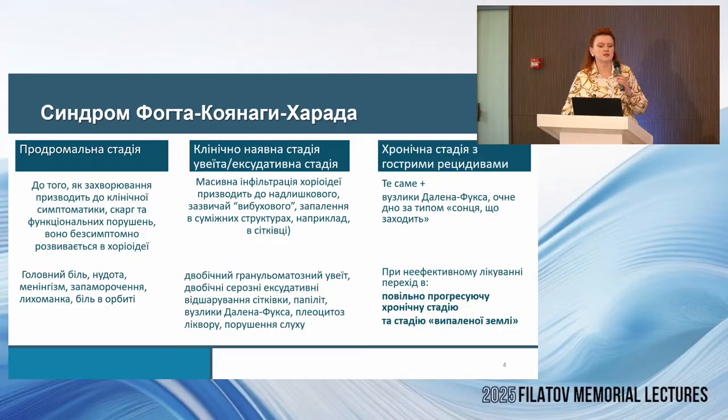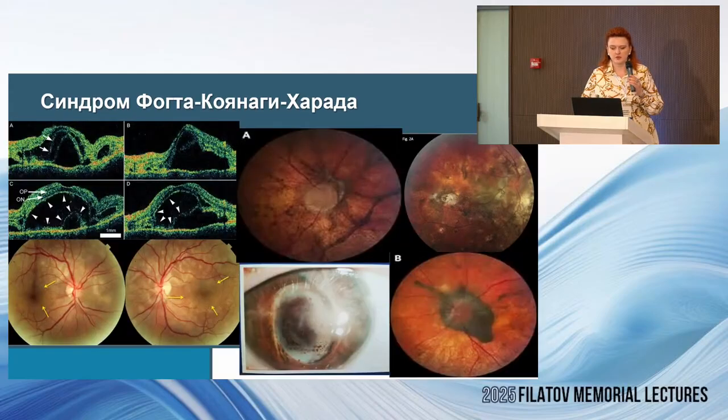Unfortunately, the next stage is the chronic stage. If the clinically present stage was missed and the patient was not given the opportunity to be treated, then the condition transforms to a chronic one, and the fundus unfortunately looks like a sunset glow.